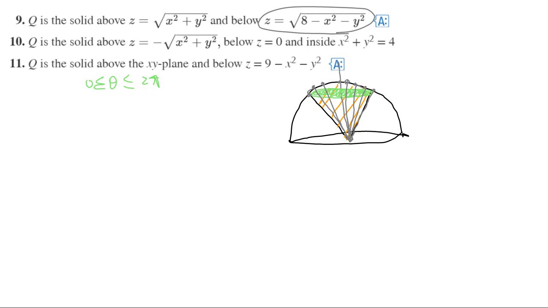What's rho in this case? Rho represents the radius of this sphere. How to find the radius of this sphere? Just square both sides. Move x squared, y squared to the other side.